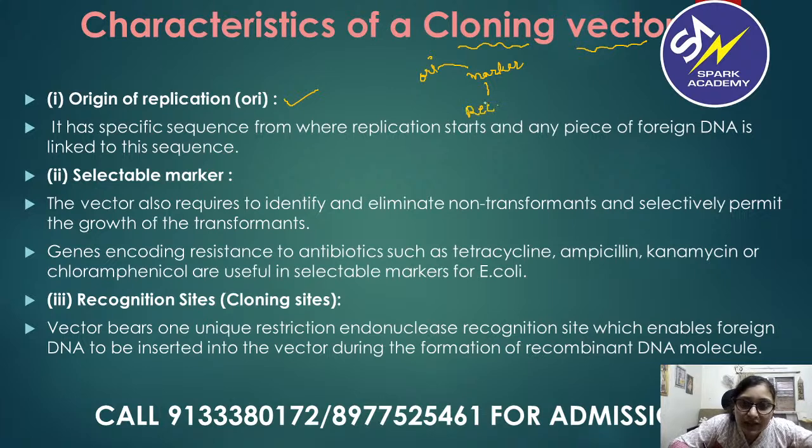How can you select if you are getting cloning or not? How can you select that your transformation has occurred or not? So it should have a marker gene. The vector also needs to identify and eliminate non-transformants and selectively permit the growth of the transformant only. So genes encoding resistance to antibiotics such as tetracycline, ampicillin, kanamycin or chloramphenicol are useful as selectable markers for E. coli.